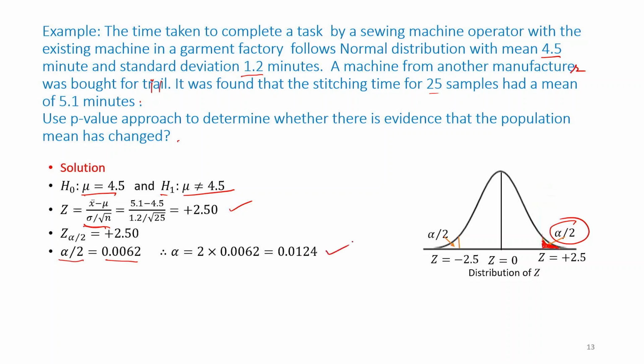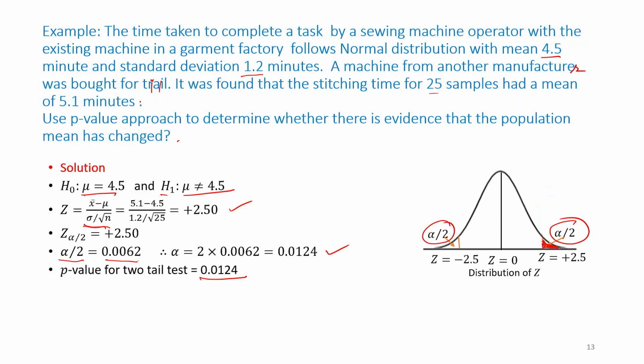So alpha is going to be 0.0124. It is a two-tailed test, so alpha by 2 on this side and alpha by 2 on this side. Total is alpha. So alpha by 2 is 0.0062 and therefore alpha is 0.0124. So the p-value for the two-tailed test is going to be 0.0124.